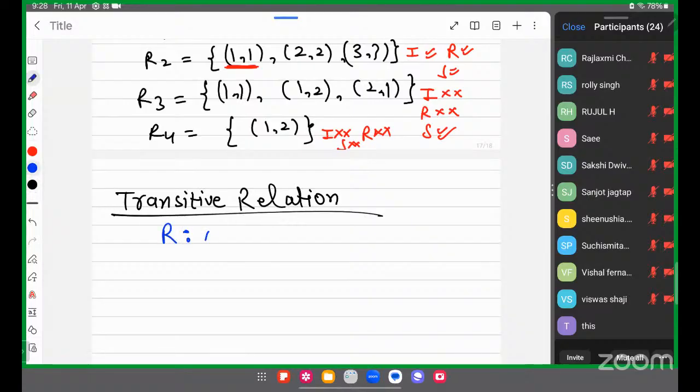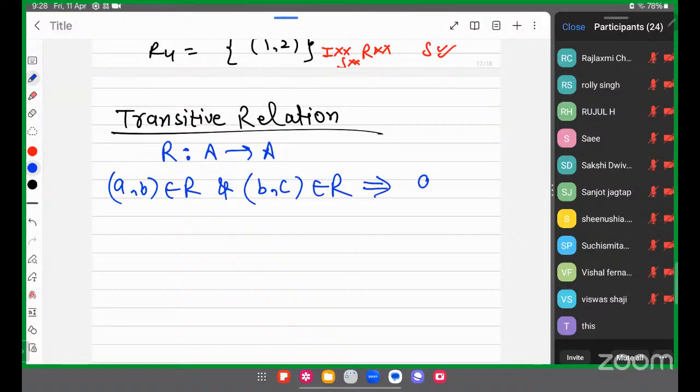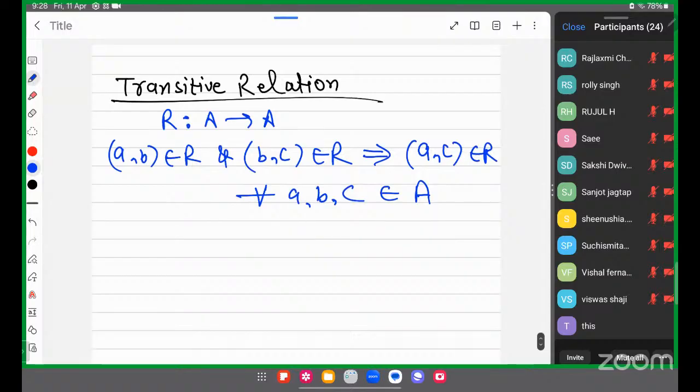If we have a relation R which is defined from set A to A, and (a, b) belongs to R, (b, c) belongs to R, then (a, c) must be in relation R, for all a, b, c belonging to set A. Interesting point is, if this condition holds, then we will look for this condition for transitivity.